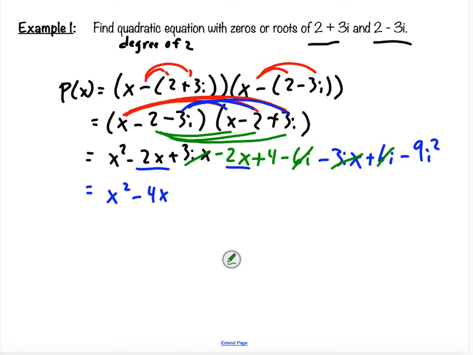And then I'm seeing I've got a plus 4. And we know that the value of i squared is equal to negative 1. So I'm going to put a little negative 1 in there. So really we have minus a minus, which is going to give us a plus 9.